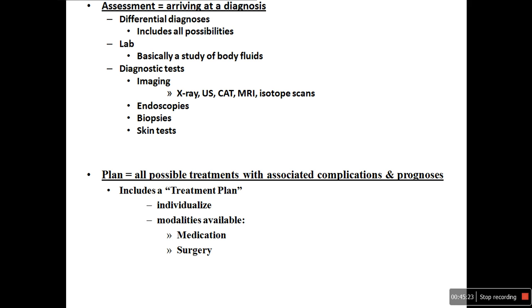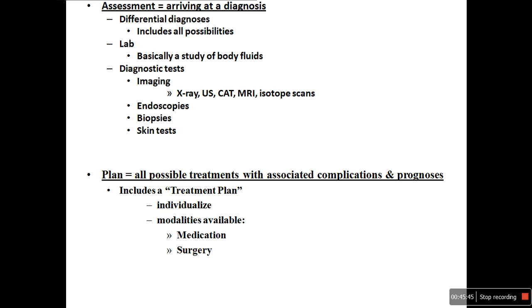We have two types of treatment plan. One is individualized for the patient, taking medications directed by the doctor.